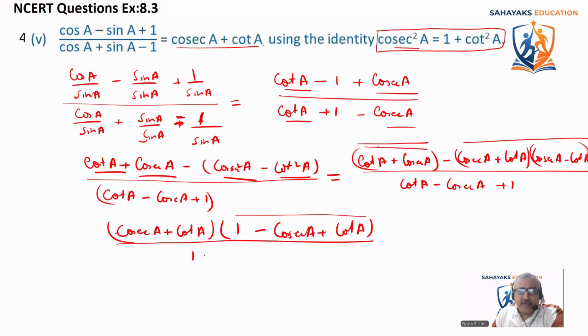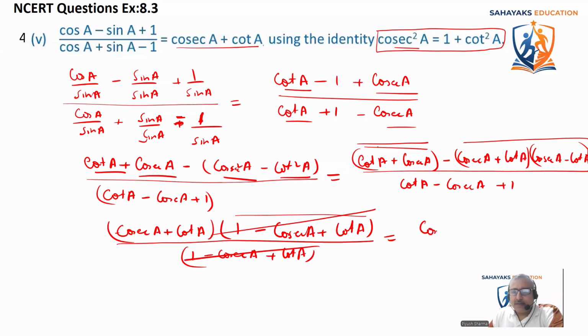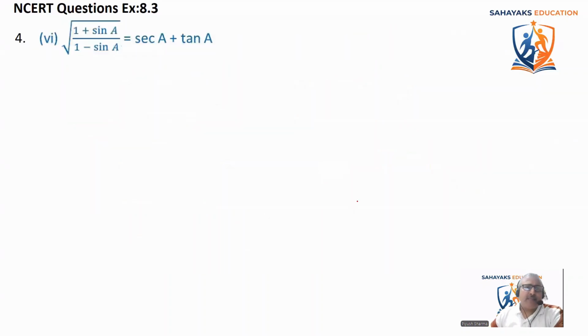So I can write it as 1 minus cosec A plus cot A. So this complete thing will cancel out. And what is left? Cosec A plus cot A. And that is equal to the right hand side. So hence proved.